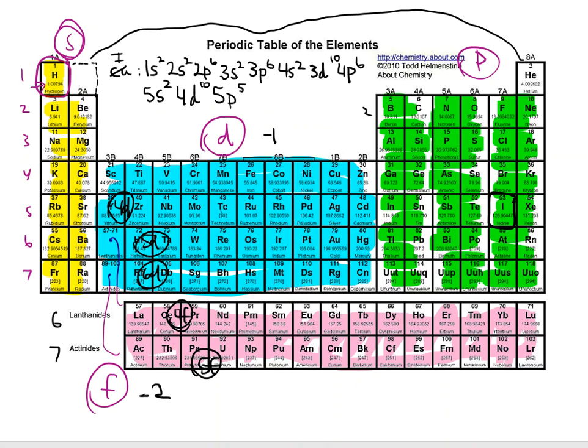So the electron configuration of iodine is 1s2, 2s2, 2p6, 3s2, 3p6, 4s2, 3d10, 4p6, 5s2, 4d10, 5p5. And that is your electron map representing every electron in iodine.